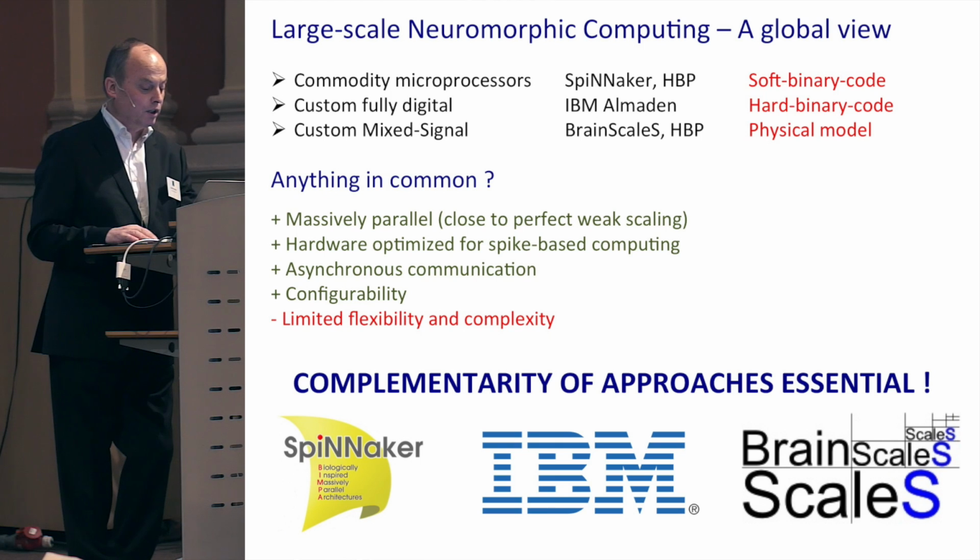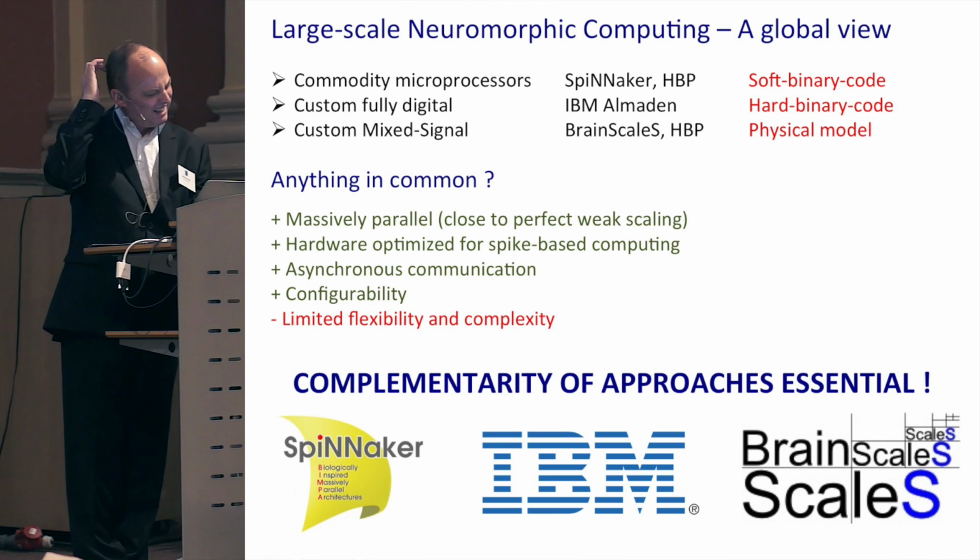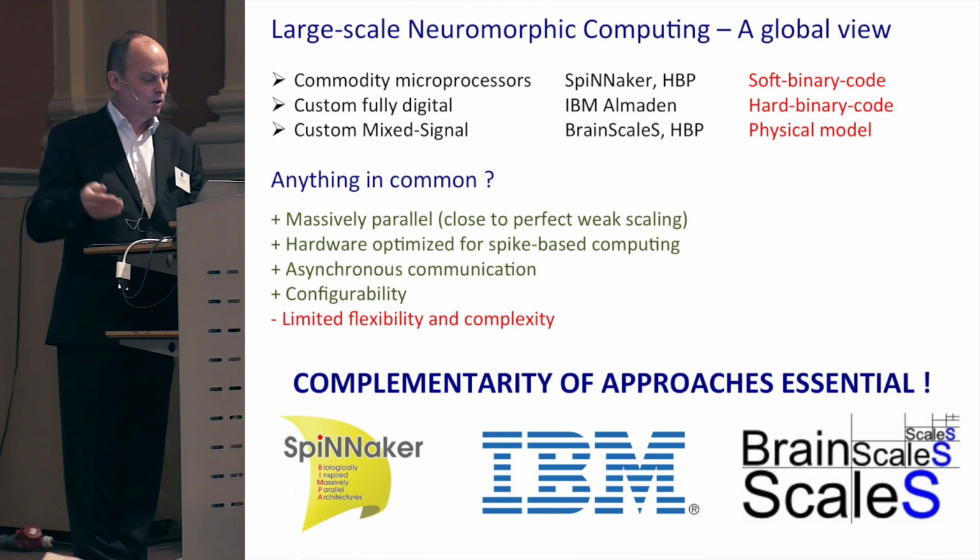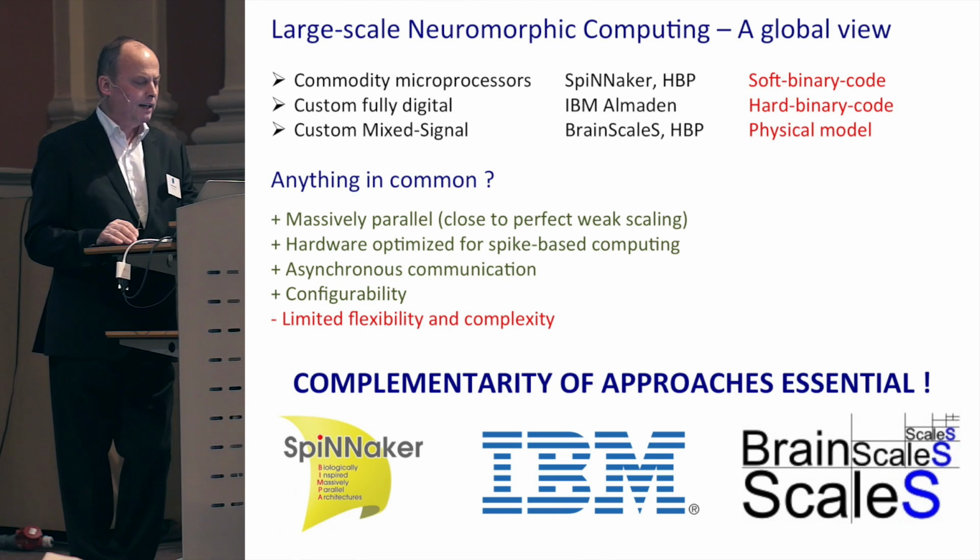And within this loose definition, there are, at the moment, three what I would call really large-scale neuromorphic computing approaches, if you look globally. And they are ordered here in terms of increasing degree of exotics.